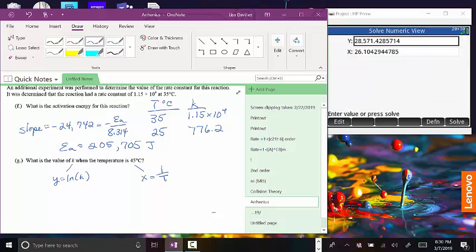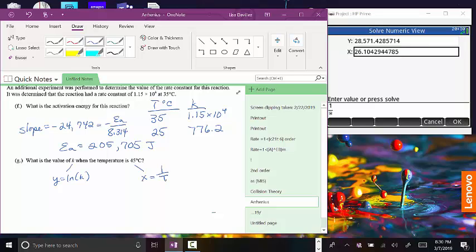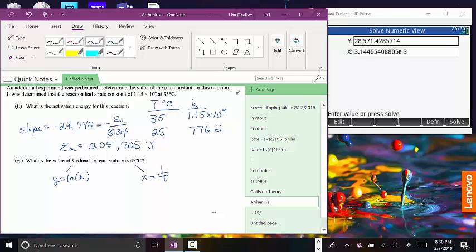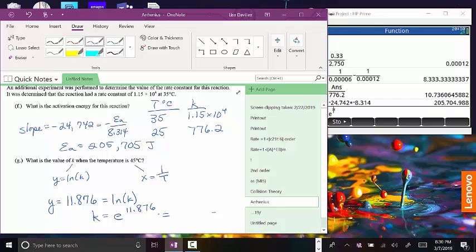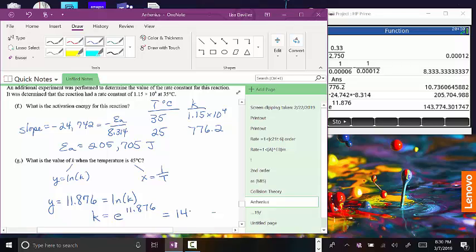X is 1 divided by, that's in Celsius, 45 plus solve, and I get that Y is equal to 0.876, which is natural log of K. So K is e to the 11.876, which is 143,774.